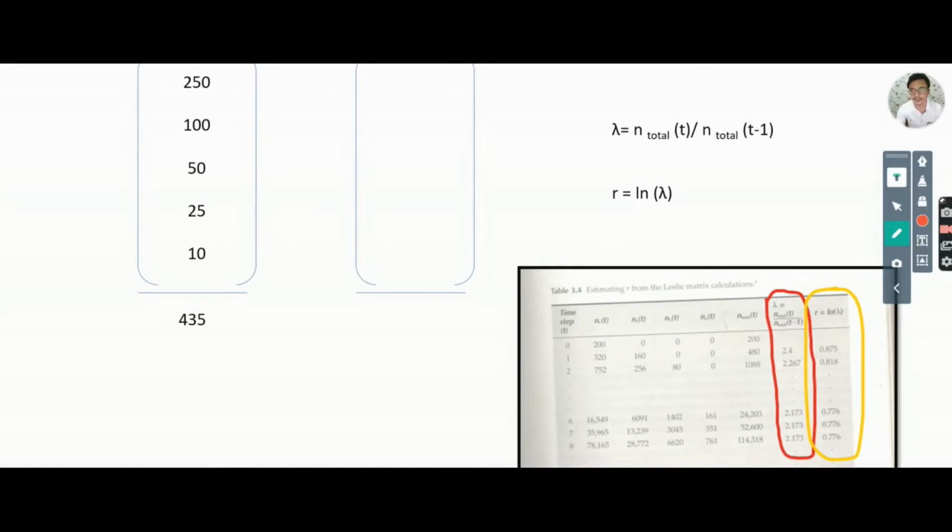This I have taken directly from Gotelli: estimating R from the Leslie matrix, right? If it is readable, you can see. So you have estimated R uncorrected, and then you have estimated R from Euler. I mean, actually R is fixed from Euler. Then that R you have used for preparing the matrix, and finally using the matrix you are finalizing the R. So your lambda was this one, and at a time this is not going to change.